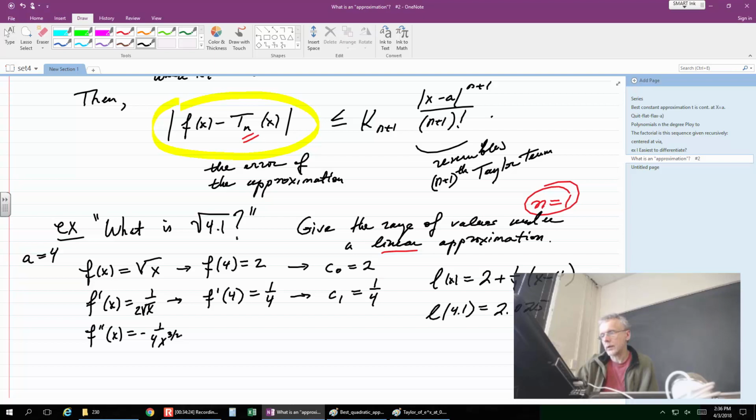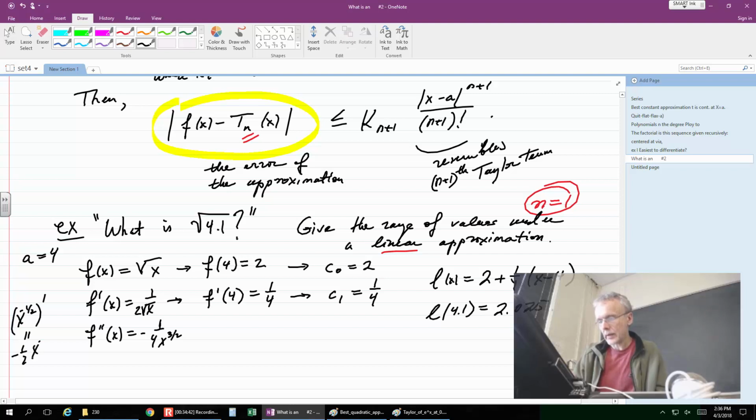Hold on a second. Where's the negative 1/2? Okay, is this right? x to the 1/2, the derivative of negative 1/2 is equal to negative 1/2 times negative 3/2. Okay, yeah.